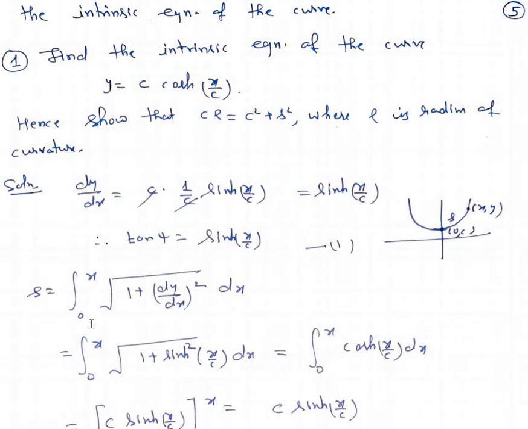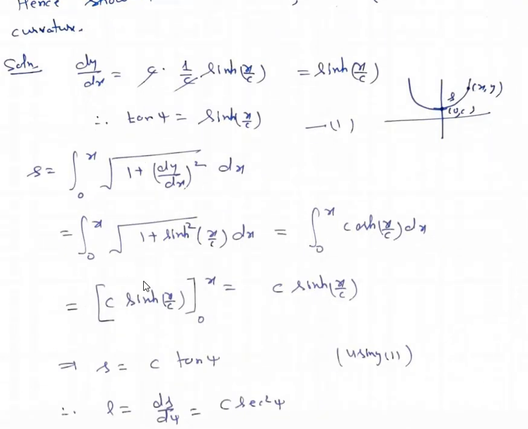Now s is equal to integral from 0 to x, because x coordinate of this fixed point is 0, and here the x coordinate is x, so integral from 0 to x under root of 1 plus (dy by dx) whole square dx, which is equal to integral from 0 to x under root of 1 plus sine hyperbolic square x upon c dx, which is integral from 0 to x cos hyperbolic x upon c dx.